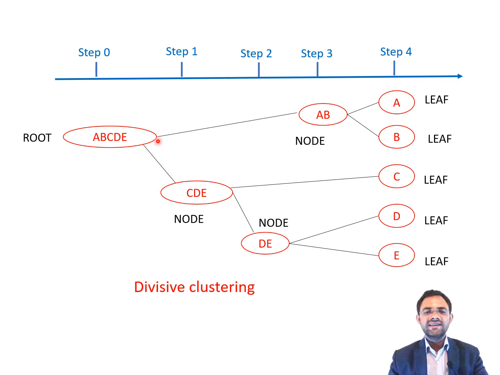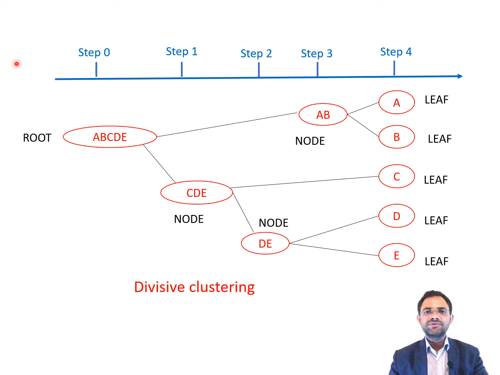So here we can say the divisive clustering is just opposite to the agglomerative clustering. Here it starts with all characters, all traits, all attributes and all OTUs, and it splits into smaller, then again into smaller groups.